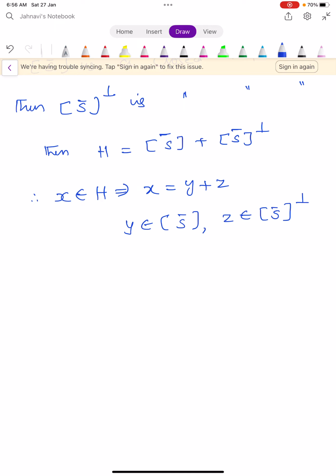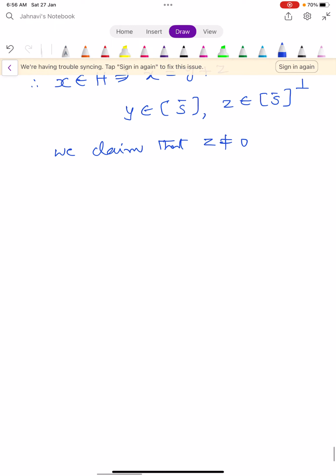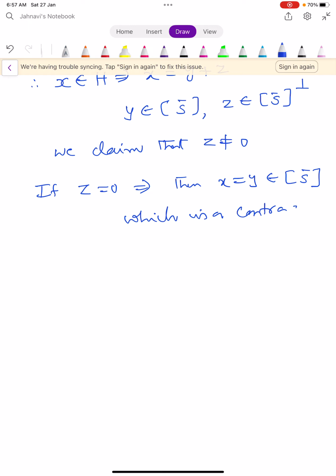We claim that z is not equal to 0. Suppose z is equal to 0, then x equals y belongs to box S bar, which is a contradiction to x not belonging to box S bar.